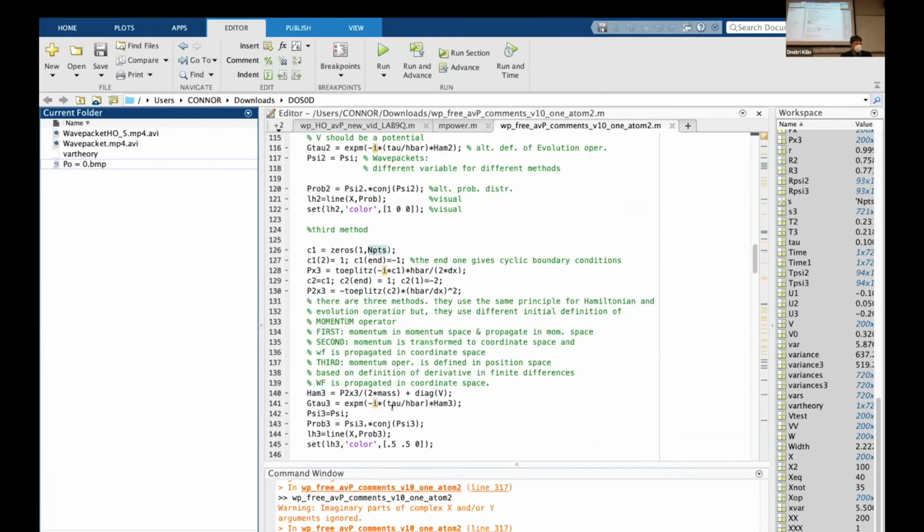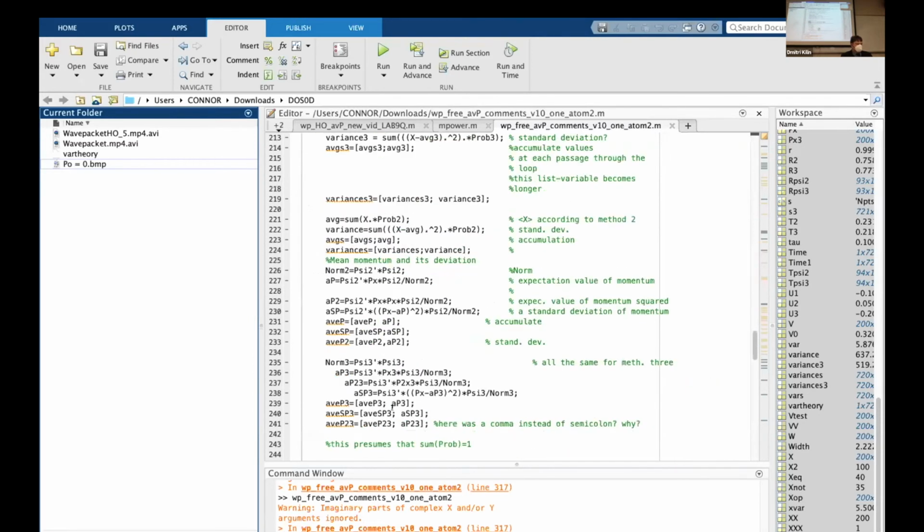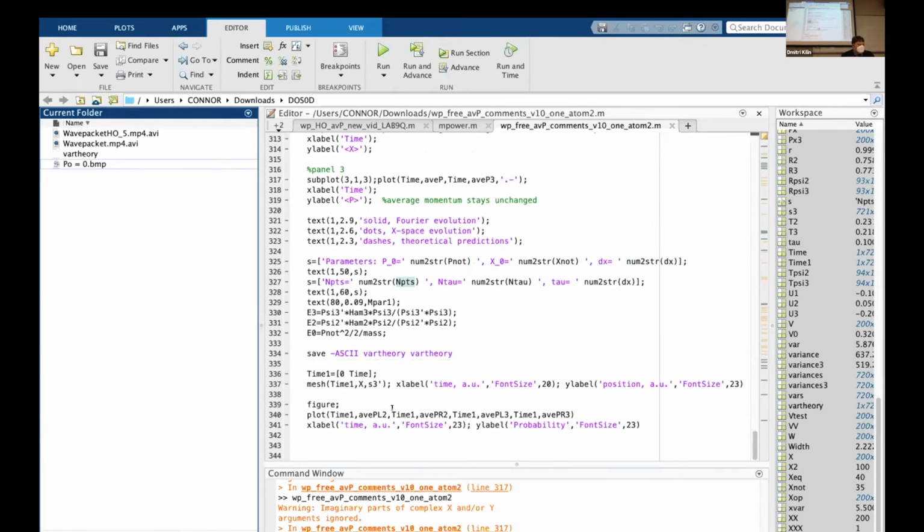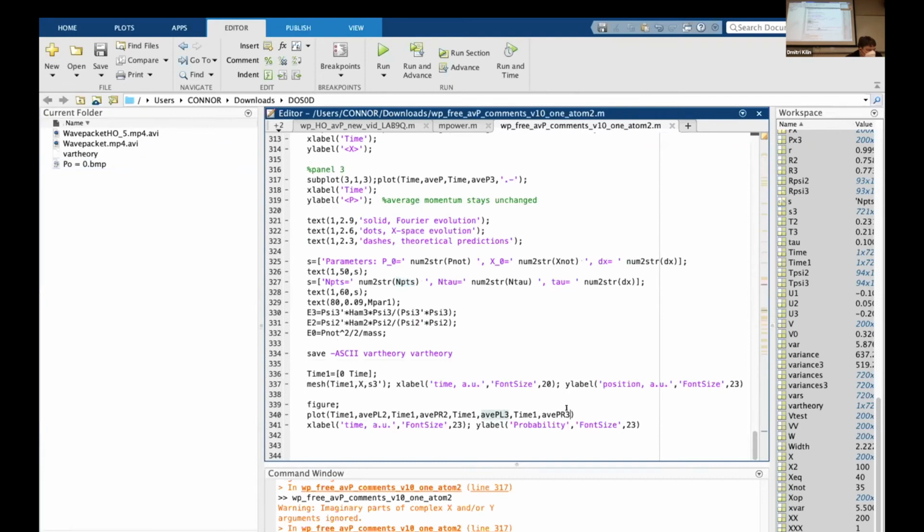Let's go immediately to the very end and look at the plotting commands. Yes, probably the very last plot, plot time 1 AVPL2, plot time 1 AVPRPL3. You need the one that is PL3 and PR3. To make sure, you may delete everything related to PL2.